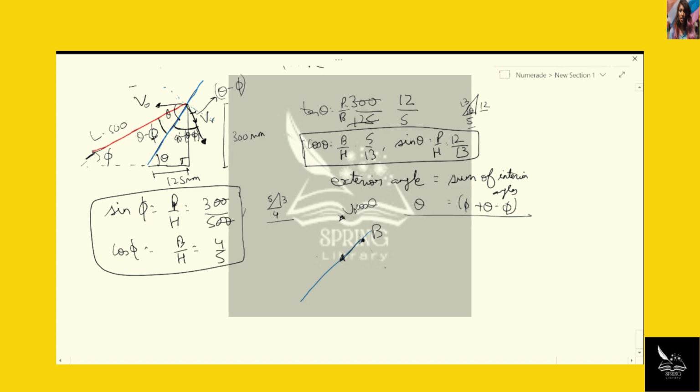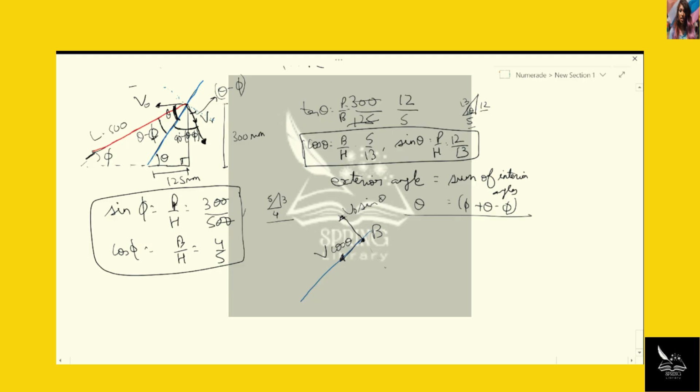The component along the wall is V naught cos theta, and perpendicular to the wall is actually V naught sin theta if you look at the angle, because it's making theta with the wall and 90 minus theta perpendicular to the wall. So it's cos theta, this is sin theta.